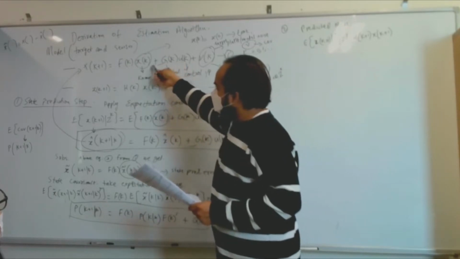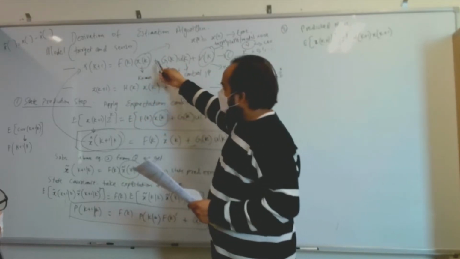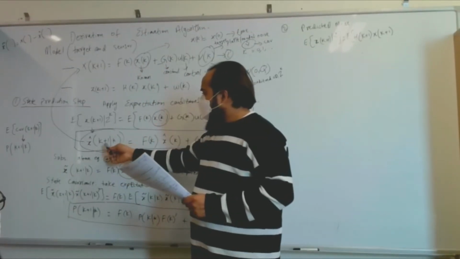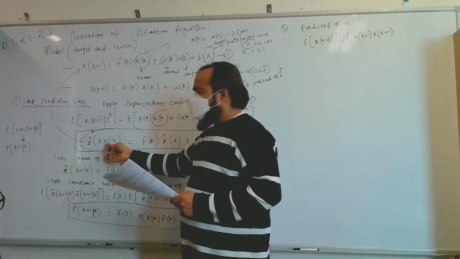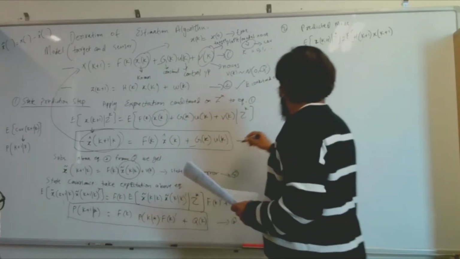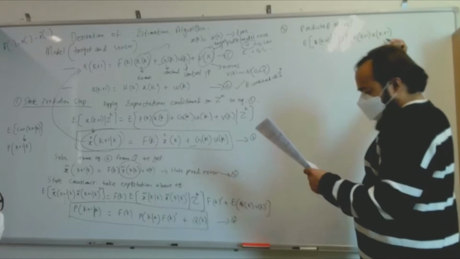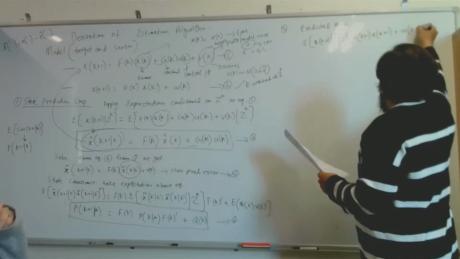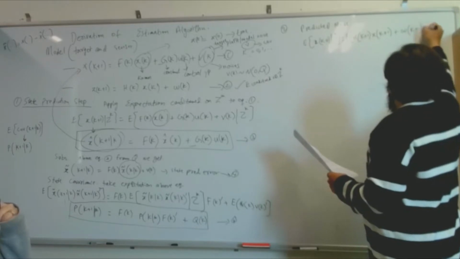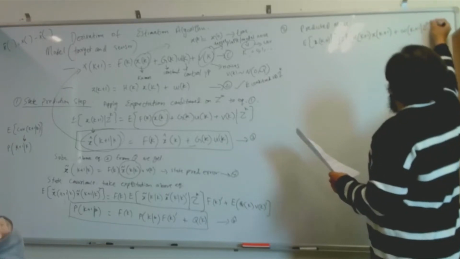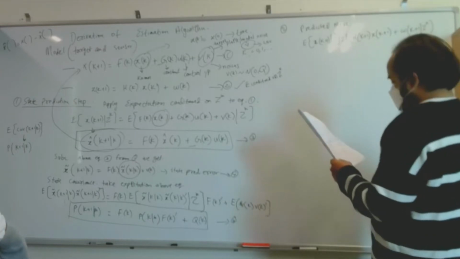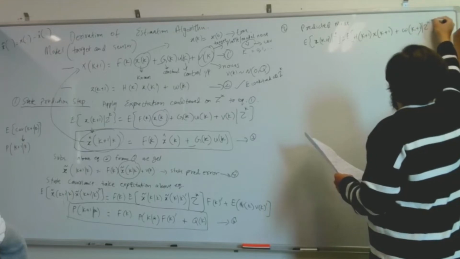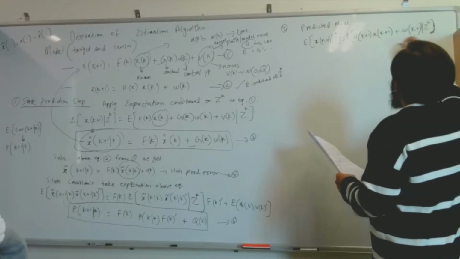Now this information is updated, or this information is used to calculate the mean value for the object state at time k plus 1. So this is inputted here, k plus 1, this is the expression over the whole bracket.